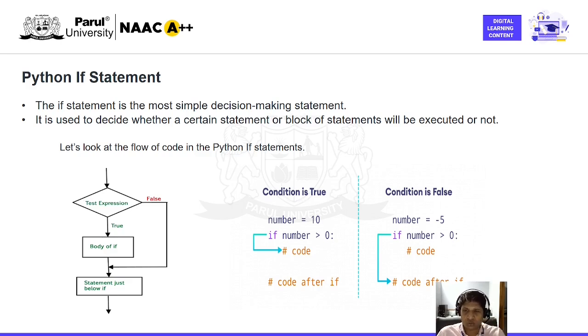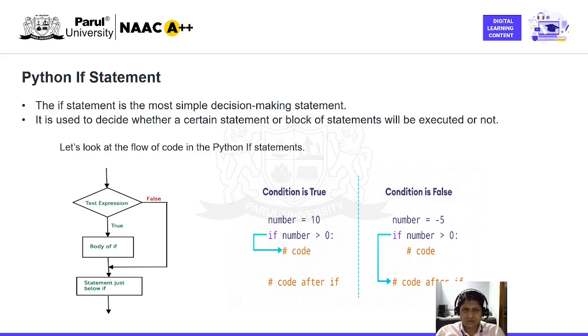If the condition is true, then the block of statements or certain statements are executed, and if the condition is false, then there is no execution of the block of statements. You can see when the condition is true, the code inside the if number is greater than 0 will be executed. If the value of the number is minus 5, and we check if number is greater than 0, is minus 5 greater than 0?